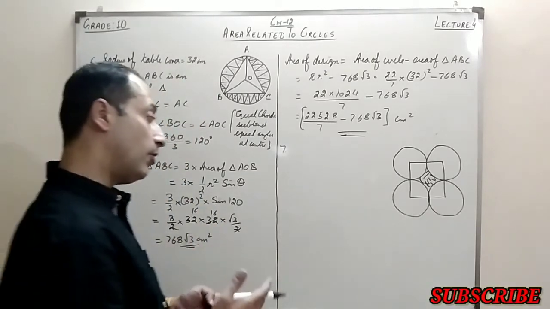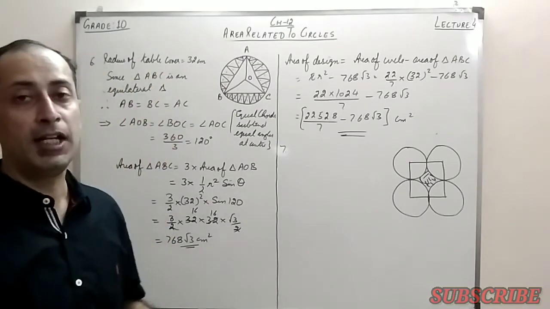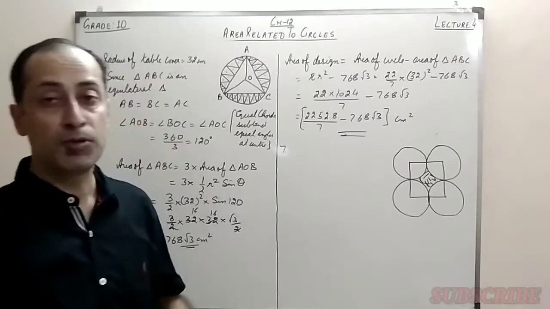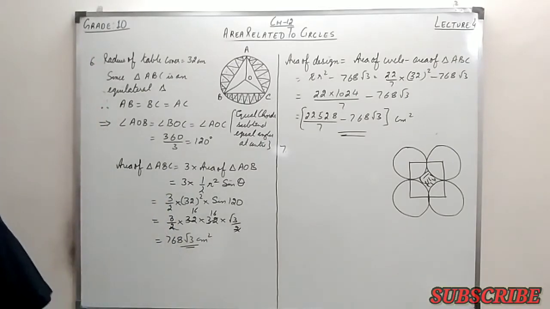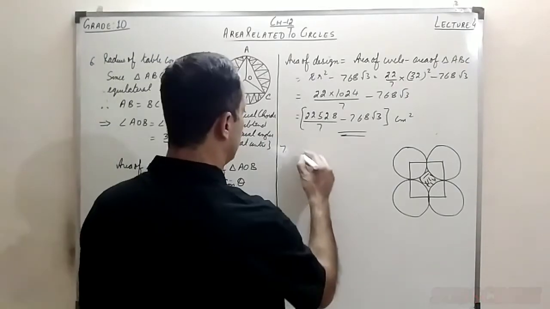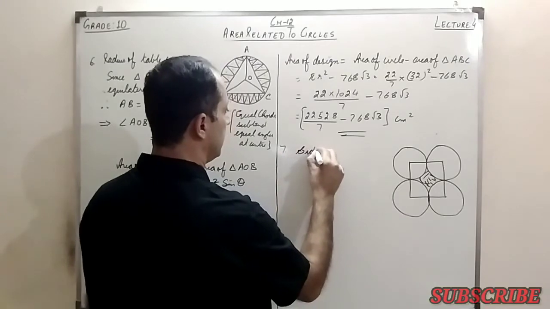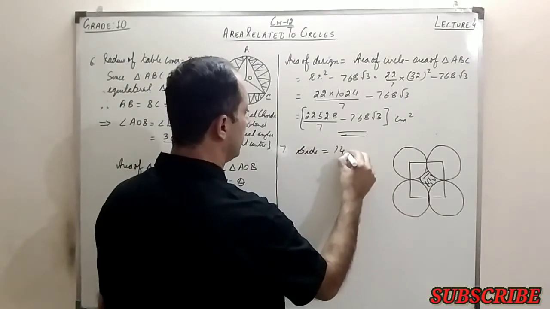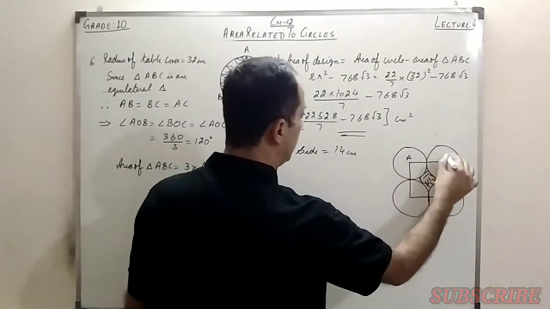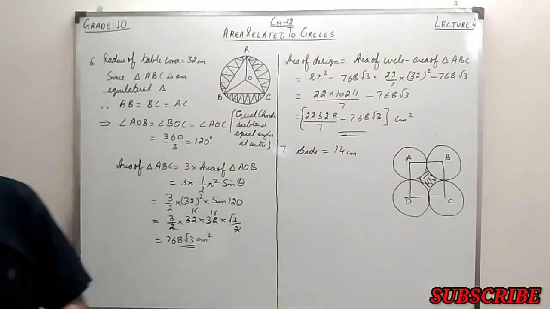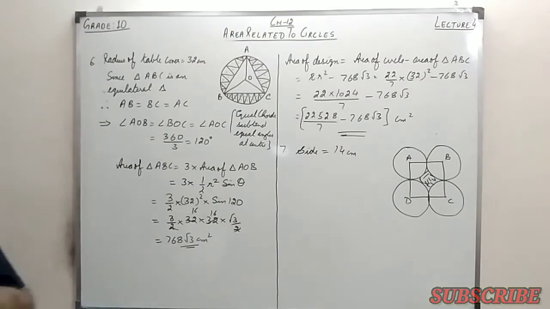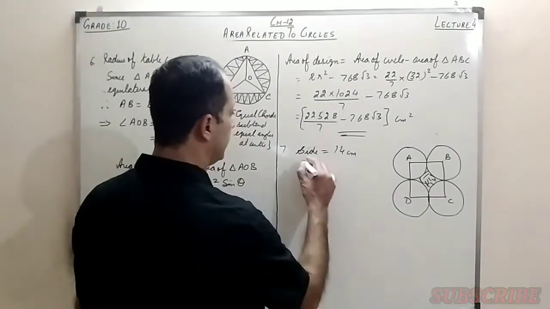Now obviously again to find the value, we need the side of the square, we also need the radius of the circle. So let's see what is given. It is given that the side of the square is 14 centimeter. Let's name it A, B, C, D. Right, so this is ABCD. And obviously the radius of the circle would be half of this.